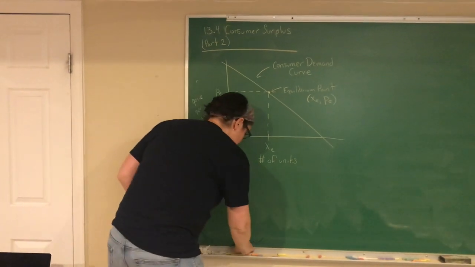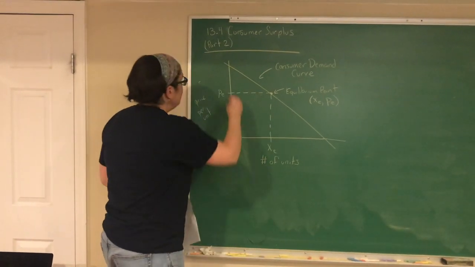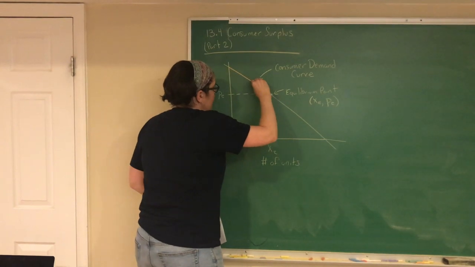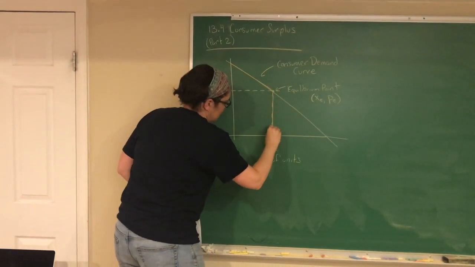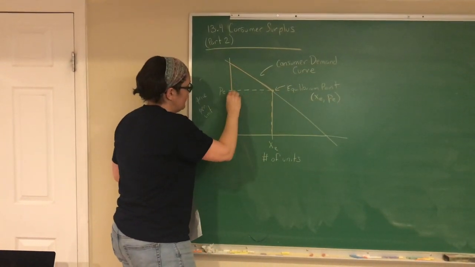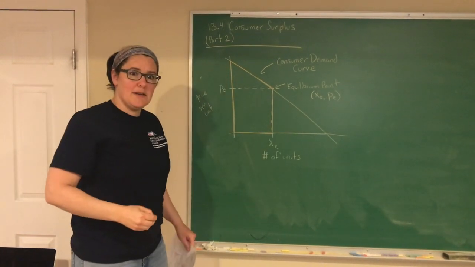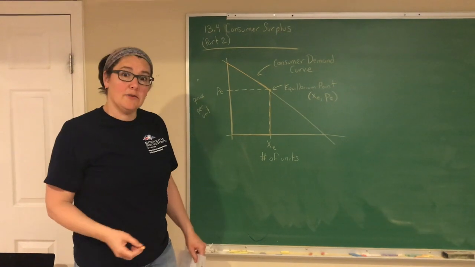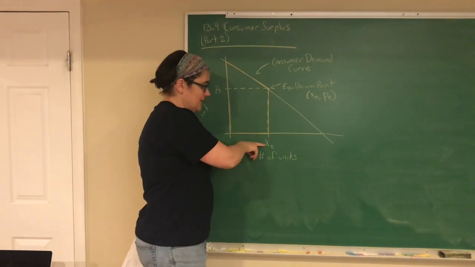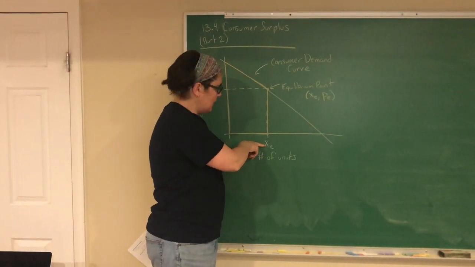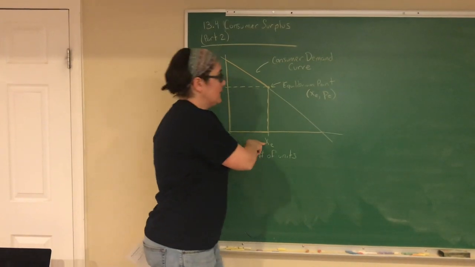And what we saw with the donut problem is that the entire area under the curve, this entire trapezoidal area, represents the amount of money that the consumer is willing to spend to purchase, in our case, 3 donuts, but in general, x sub e units.